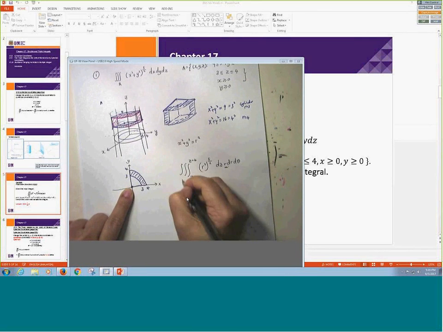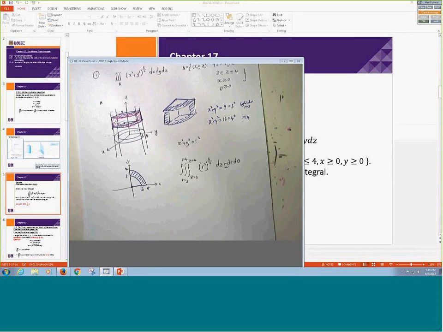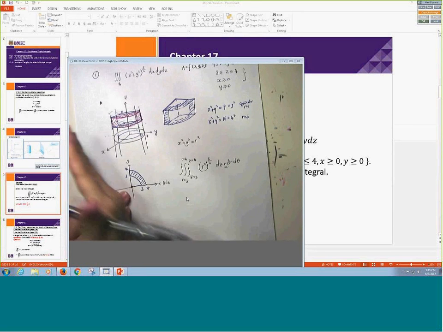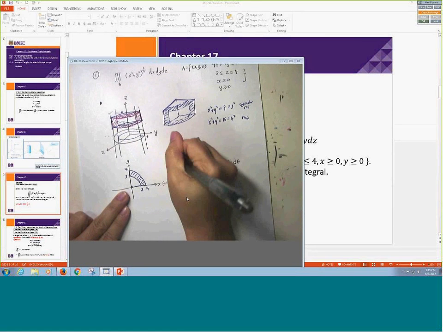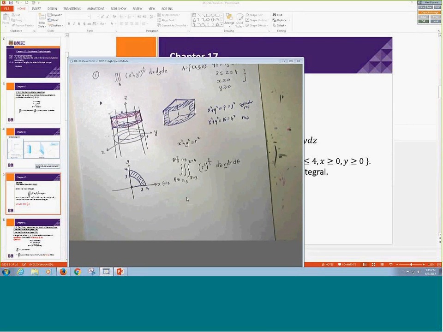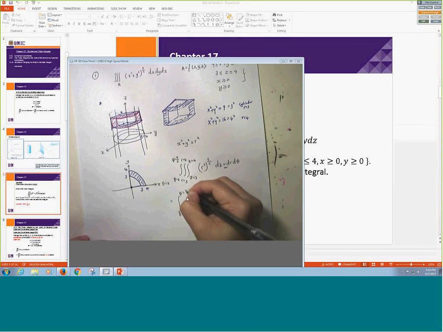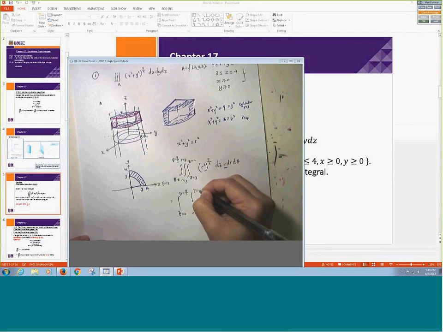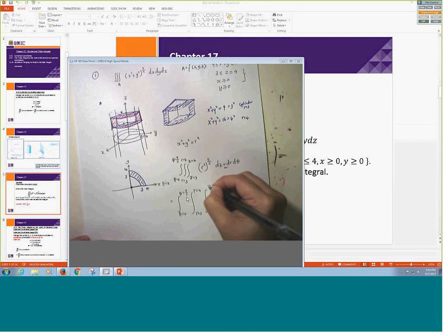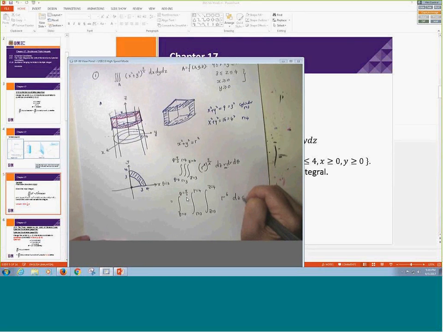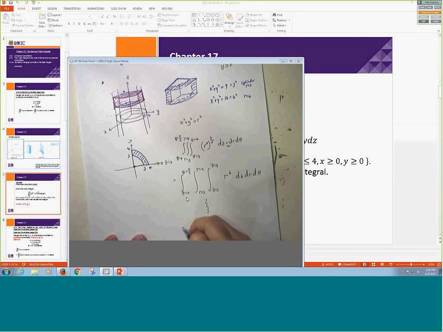Theta, because here it is only 90 degrees, so theta from 0 to pi over 2. So r from 3 to 4, z from 3 to 4, and simplifying here, you get r to the power of 5. Don't forget the extra r here, so we have r to the power of 6, dz dr d theta. And when you solve it, you will get the answer.